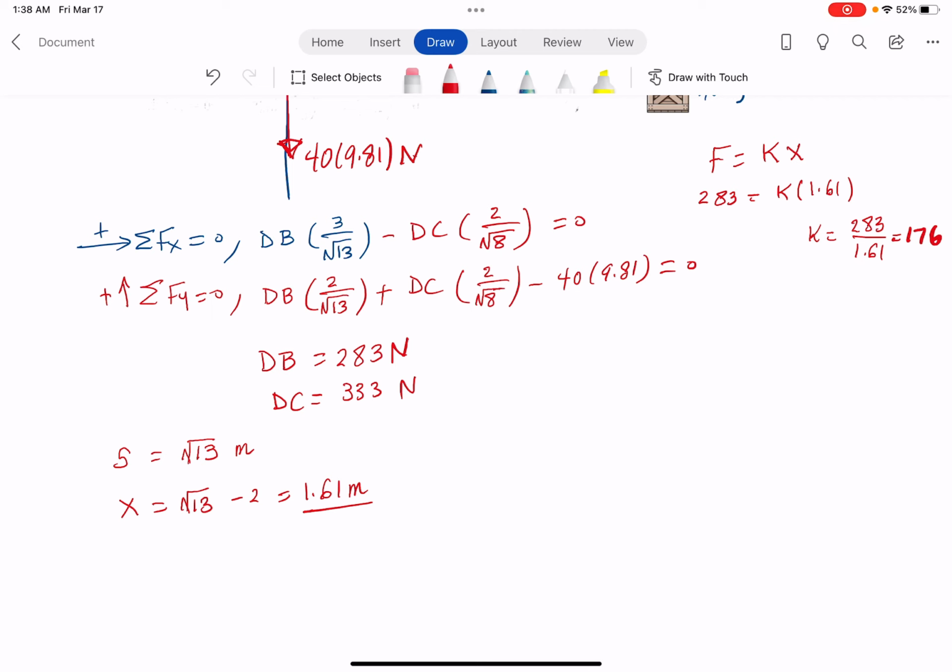And of course, the unit, as we have before, it is Newton per meter. That's K. So that's what we want, K.